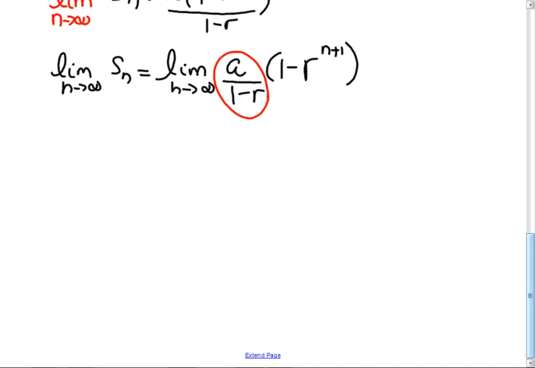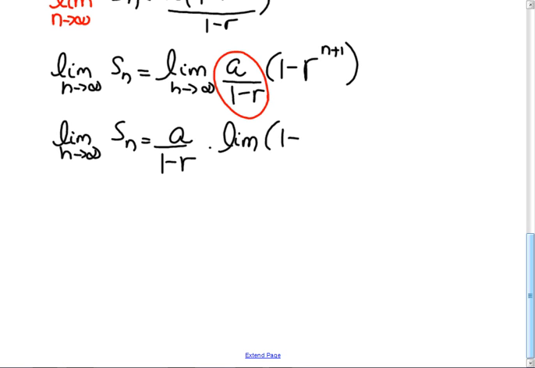So I'm going to get the limit as n goes to infinity of S sub n is equal to a over 1 minus r times the limit of this thing as n goes to infinity. Well, that's looking better. Better and better. Can I take the limit through that parentheses?